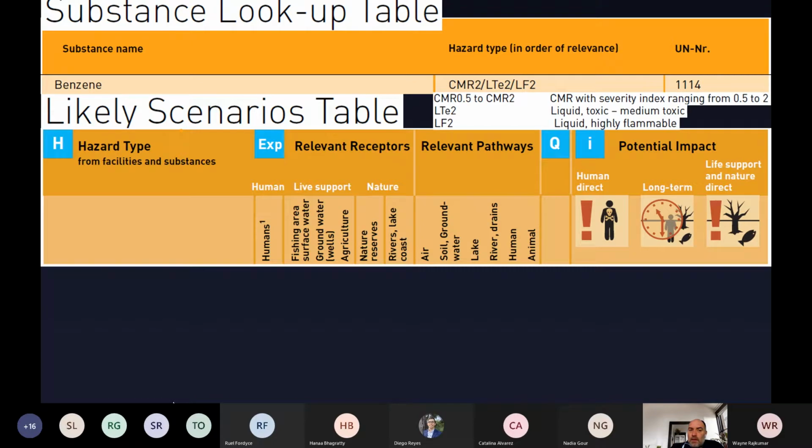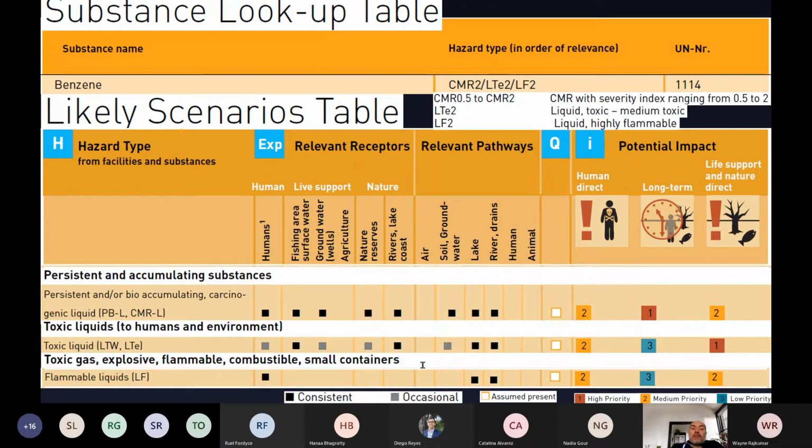Diego? Okay. Let's see the likely scenarios for this kind of substance. So what I did is bring here to show what these impacts that were named in the hazard type section of the substance lookup table.